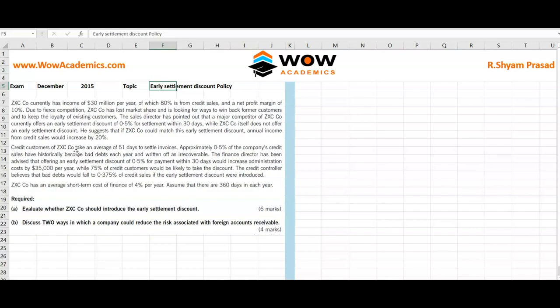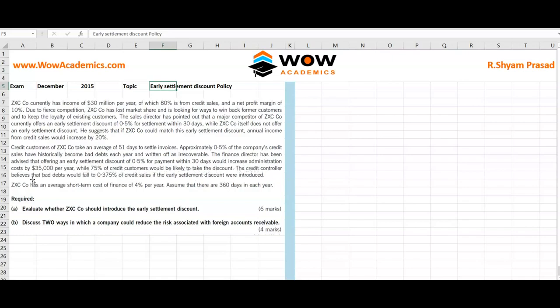Credit customers of ZCO take an average of 51 days to settle the invoices. Approximately 0.5% of the company's credit sales have historically become bad debts each year and been written off as irrecoverable. The finance director has been advised that offering an early settlement discount of 0.5% for payment within 30 days would increase administration cost by 35,000, while 75% of the customers would be likely to take the discount.